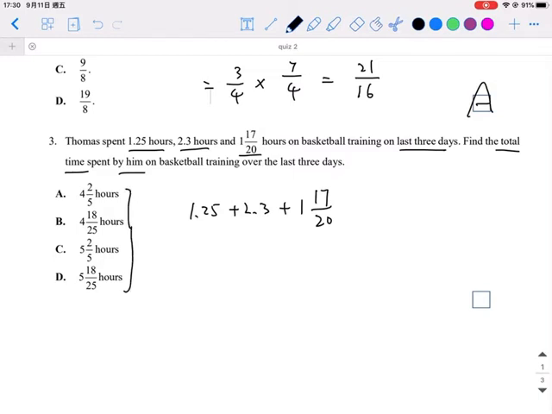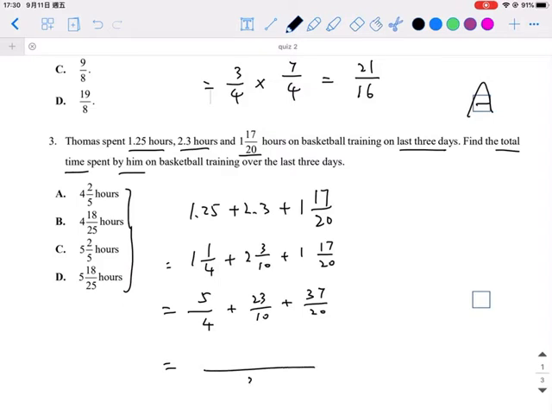So the first one I can change to 1 and 1 over 4, and 2 and 3 over 10, plus 1 and 17 over 20 first, and I change to improper fractions, which should be 5 over 4 plus 23 over 10 plus 37 over 20, and have the same denominator, which should be 20, right?